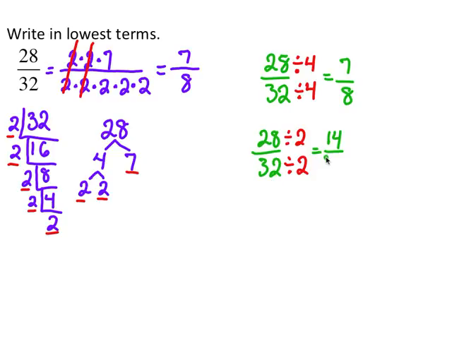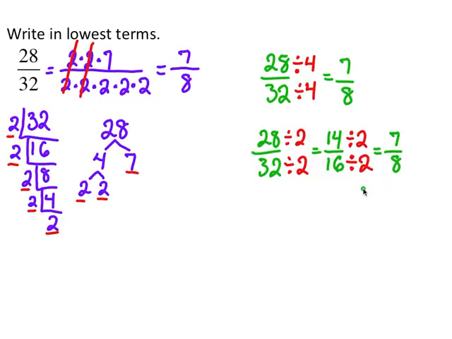And 32 divided by 2 is 16. And then you look again and say, well, 2 will go in there again, so let's divide it out again. Top and bottom, always you have to divide by both of them. So 14 divided by 2 is 7, 16 divided by 2 is 8. So we still get to that answer, it just takes a little bit longer to get there.